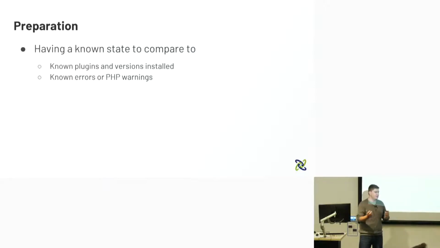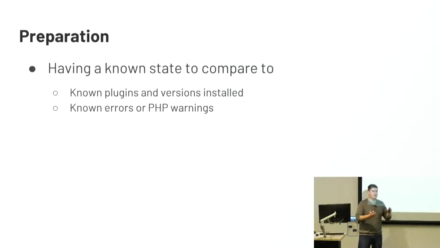Has the customer gone and installed something, or have they employed a little freelancer to tweak one or two things on the site and he's ended up installing another 20 plugins for you? Also know your PHP errors and warnings. There are actually errors all the time, most of them hopefully just warnings, but if you don't know your steady state of what's going on beforehand, you're not quite sure afterwards whether this is related to the problem or unrelated. So it's just a little bit of preparation work.